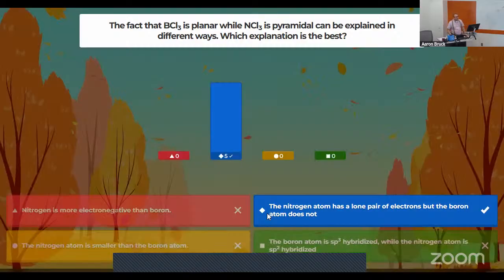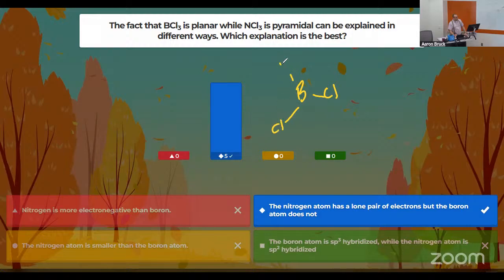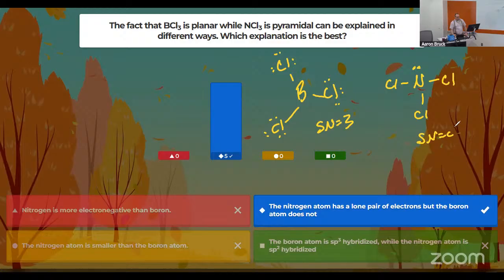It all comes down to, if I draw these out, I'm going to quickly find that after I draw out the lone pairs, I'm not going to have anything left for the boron, which means this is going to be steric number 3, which is trigonal planar. But for the nitrogen trichloride, I'm going to have that lone pair of electrons left on there, which is going to give me that 4th steric object and put me into that tetrahedral 3-dimensional geometry.